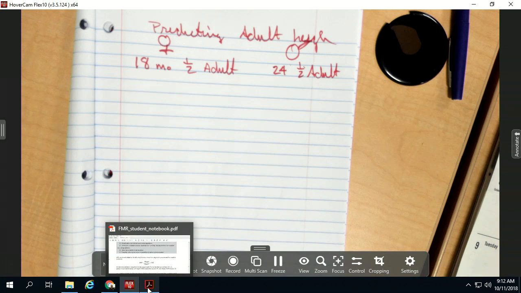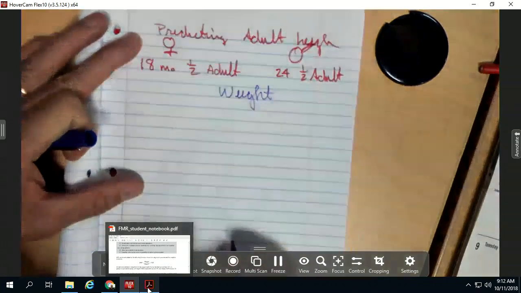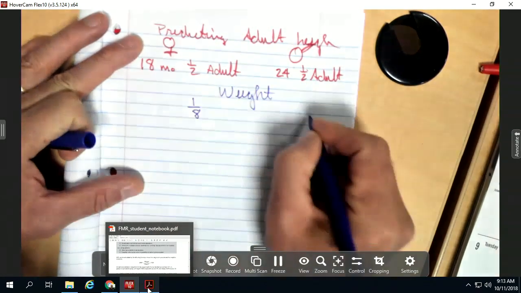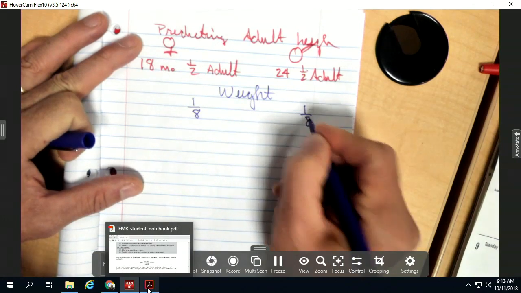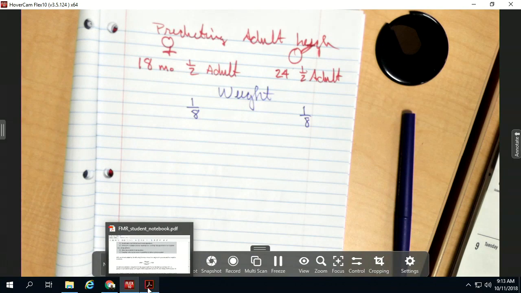Oh, 18 months, half the adult height. Here's where we're going, though. Their weight is 1/8 their adult weight.